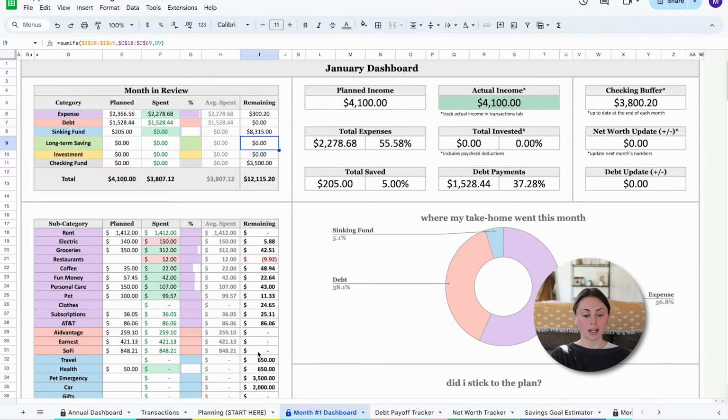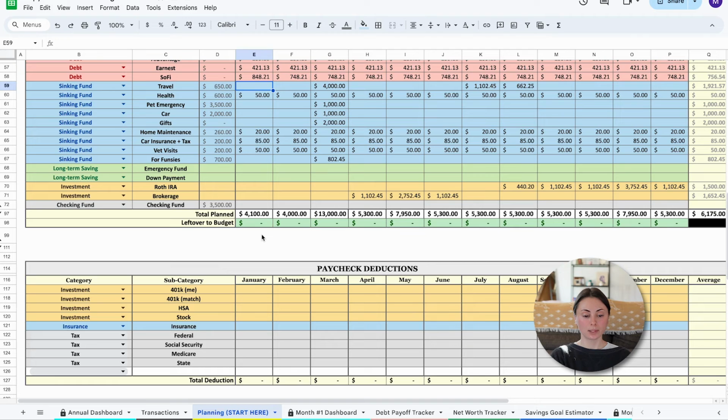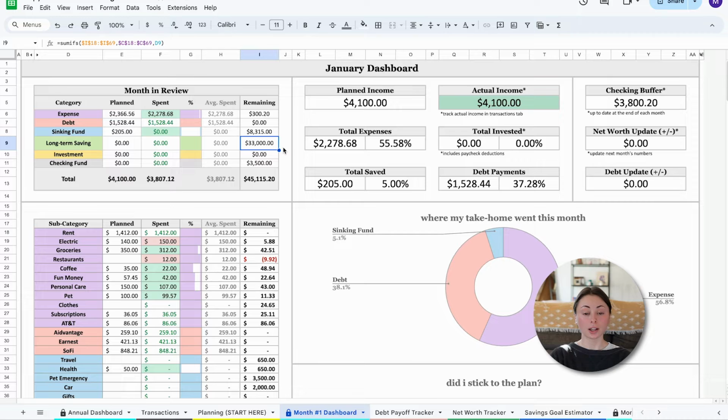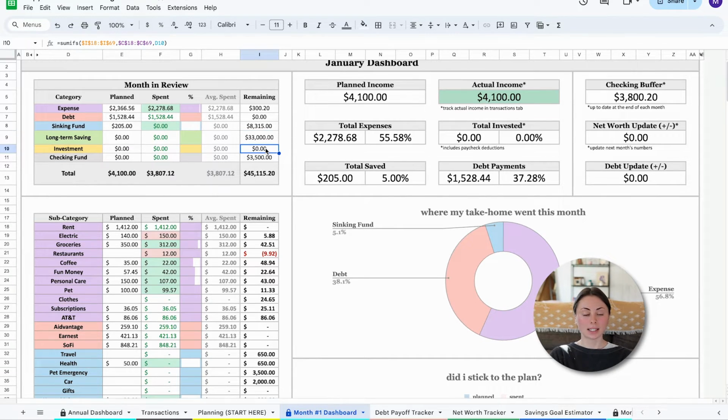Long-term savings, I need to go back into my long-term savings and say my emergency fund, I know I have $28,000. Now we're updated. Down payment fund is like $5,000. That looks more accurate. I have $33,000 in my high yield savings account. Investment, I didn't do anything. And checking fund, I didn't do anything here.